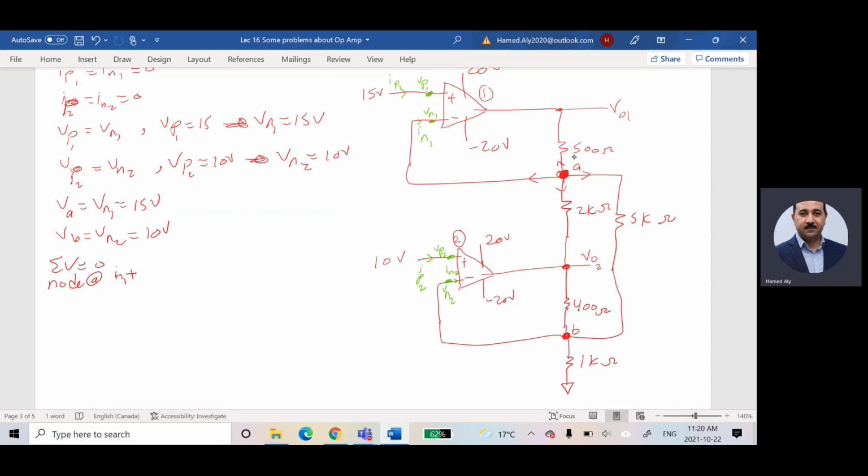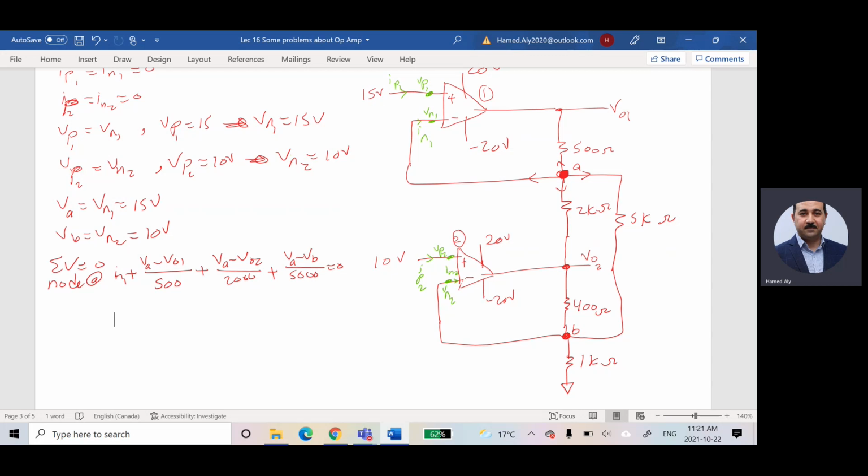This current is VA minus VO1 divided by 500, plus this current is VA minus VO2 divided by 2 kilo, plus this current is VA minus VB divided by 5 kilo. This equals 0, and this is equation number 1.